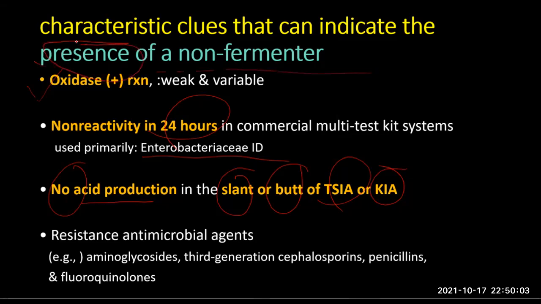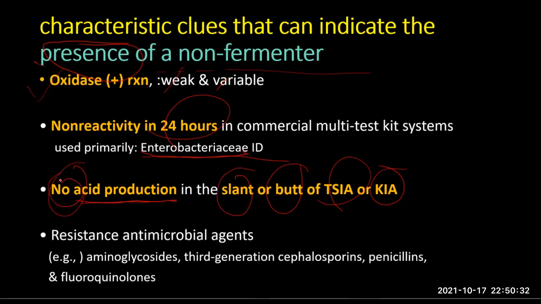So how can we know if a non-fermenter is there? The first one is positive for the oxidase reaction, although the reaction can be weak and variable. We also have non-reactivity in 24 hours in commercial multitest kit systems used mainly for the identification of Enterobacteriaceae, and the absence of acid production.